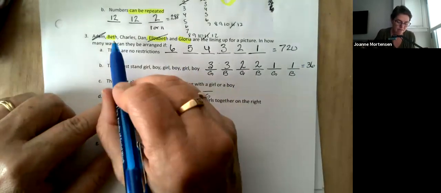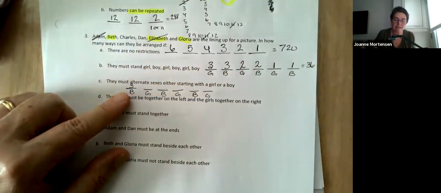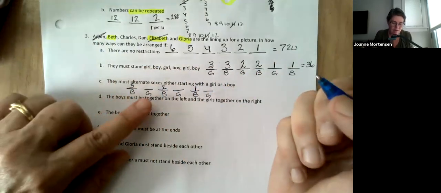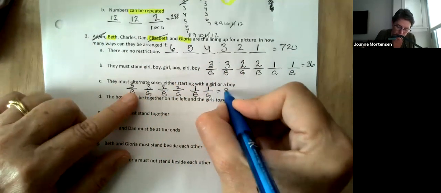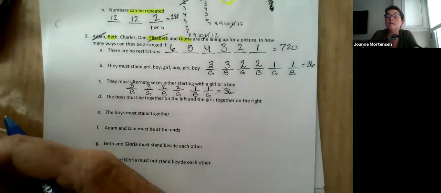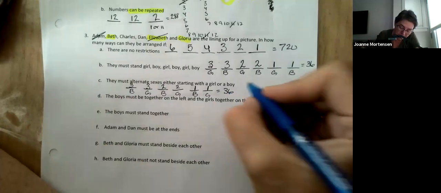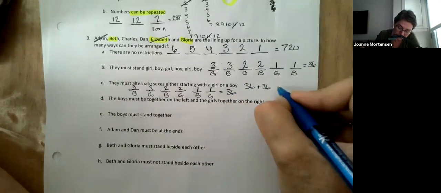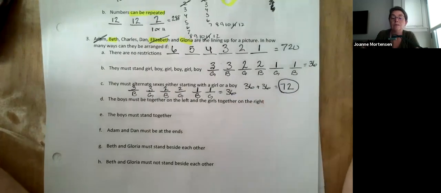There are 3 boys, 1, 2, 3, and then one of them standing. So then there's 2, and there's 1. And with girls, there's 1, 2, 3. And you're thinking it's exactly the same answer, and it is. But the actual answer is 72.